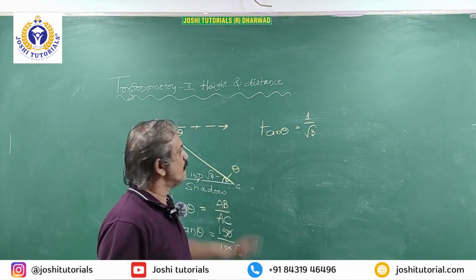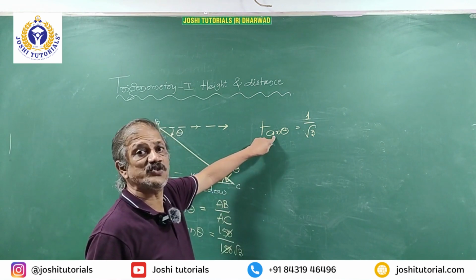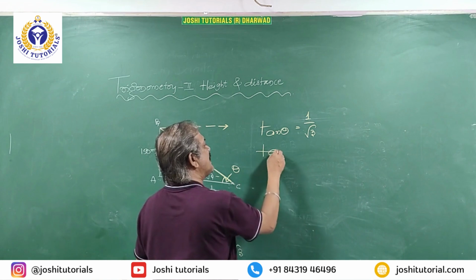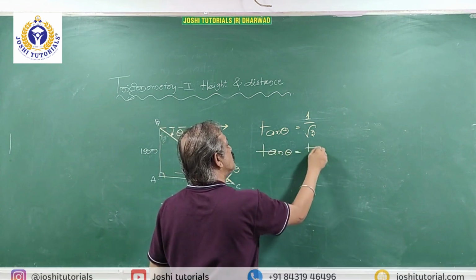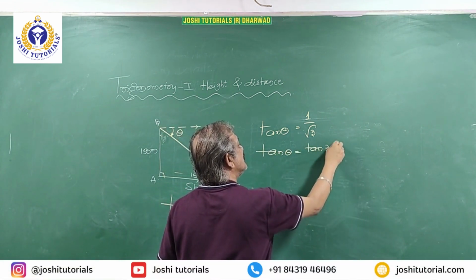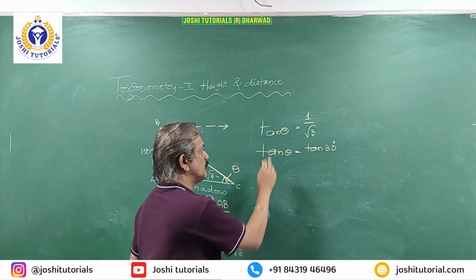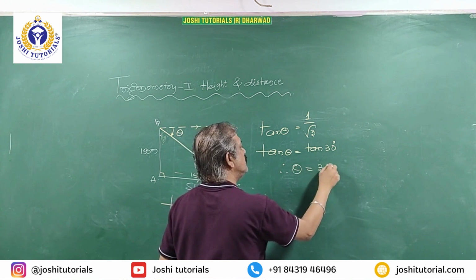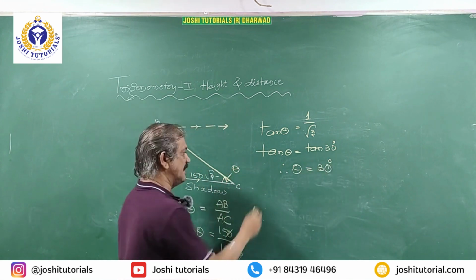You must know for which angle the tan value is 1 by root 3. I write tan theta equal to tan 30 degree. You must know that value. So the tan ratios are the same. Therefore, theta equals 30 degree.